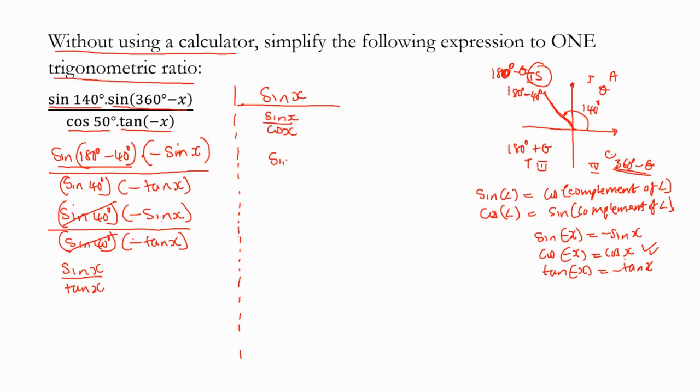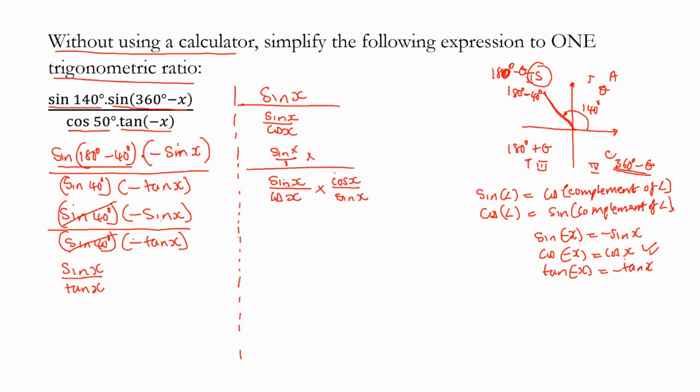We can multiply the numerator and denominator by the multiplicative inverse of sine x over cos x, which is cos x over sine x. Okay, let me write this one as sine x over 1 so that it's clear. Sine x is the same as sine x over 1.